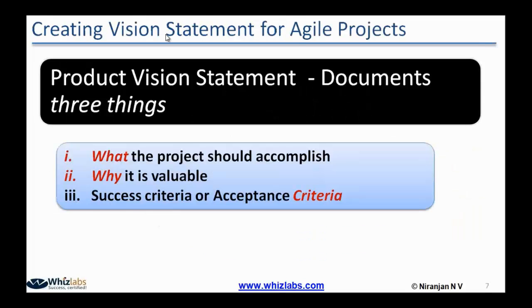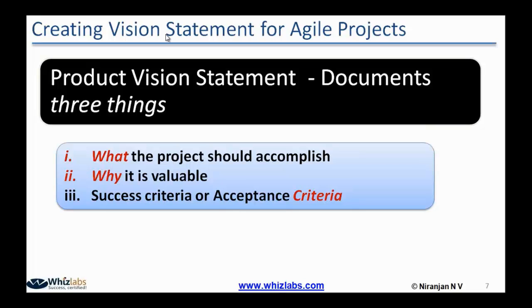Before we get into the estimation, again we have to know what the scope of the project is. Unless we know what the boundary is, unless we know the scope of the project, we will never be able to plan clearly. One thing in Agile is it will not expect you to have complete clarity, but at least there has to be some high level information.